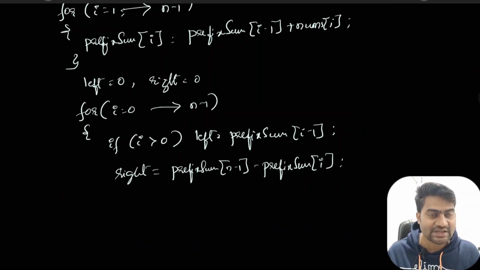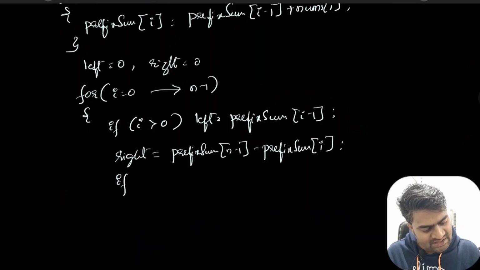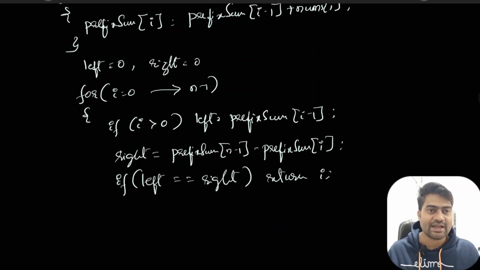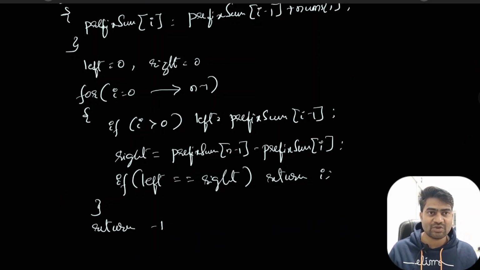So this will give us the right value. Now I will check if left and right are equal. Immediately after that, I will simply return I. If that is not the case, finally at the end I will simply return minus 1, because we never found the pivot index.